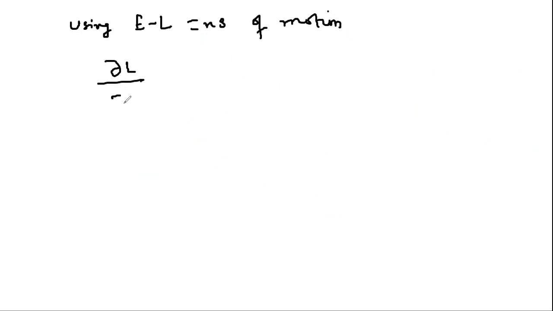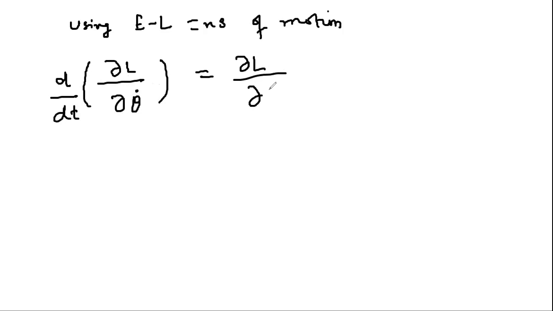Now, using the Euler-Lagrange equations of motion, for theta I have dou L by dou theta dot, then I take its time derivative, and equate that with dou L by dou theta, right?